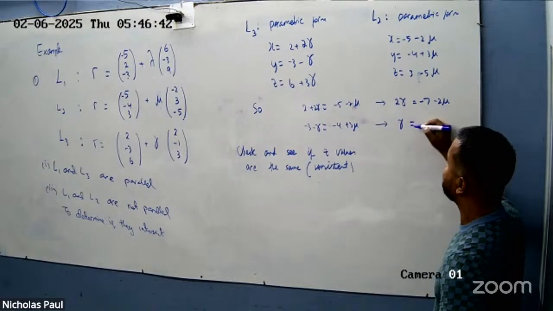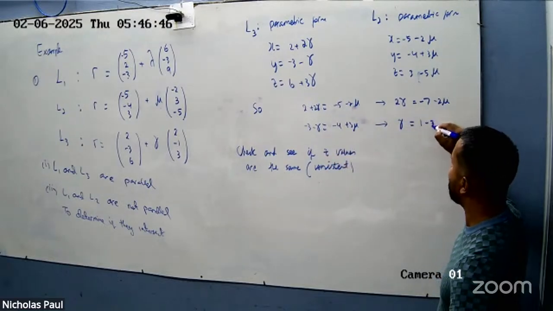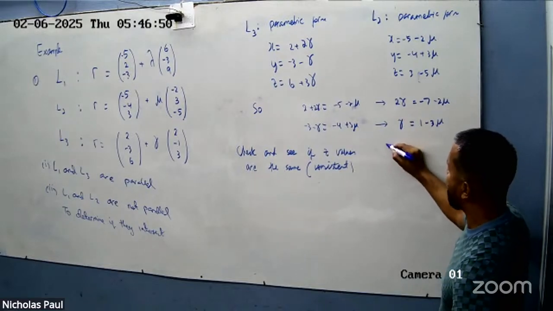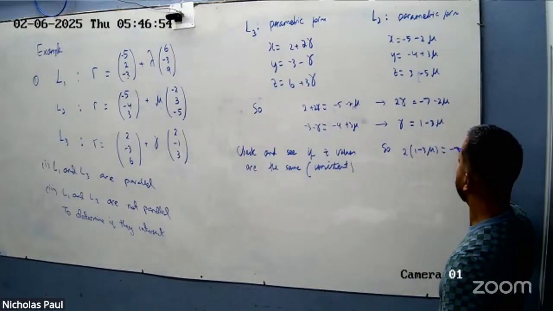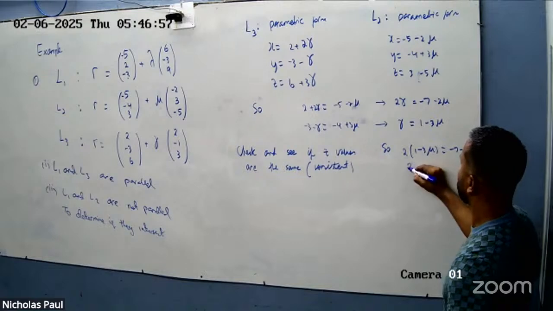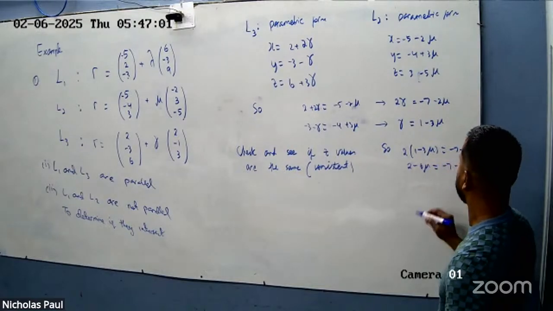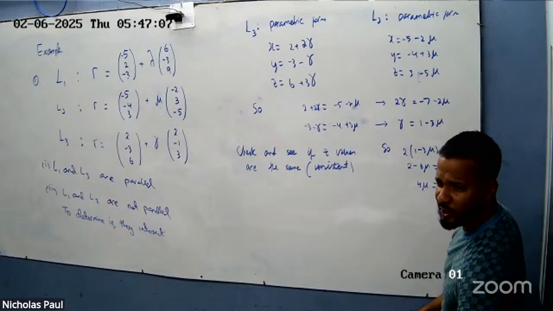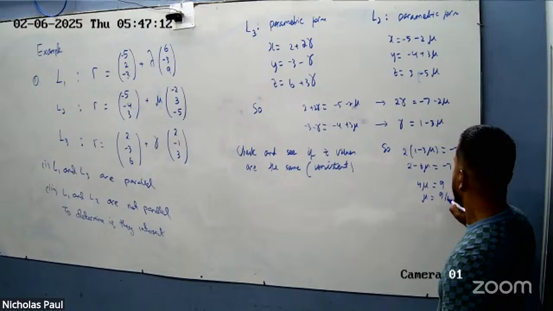Right, if I make gamma the subject here, I will get 1 minus 3 mu. I'm going to put gamma in here. So 9 on 4.